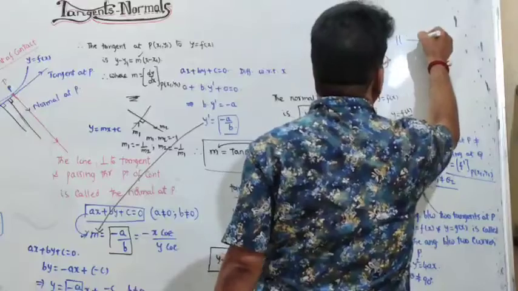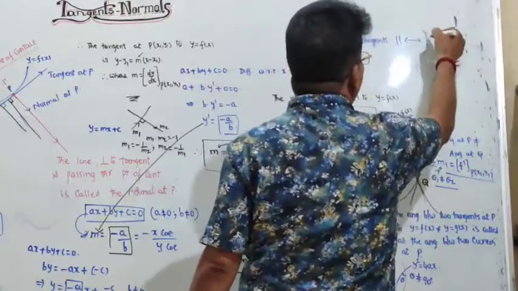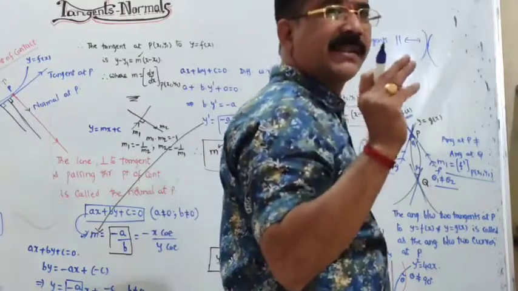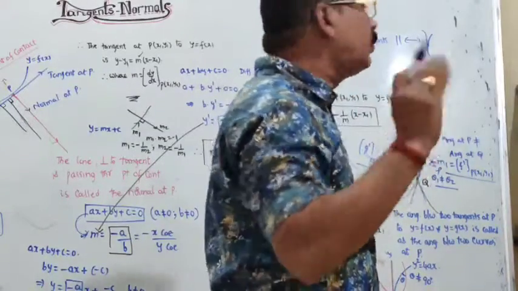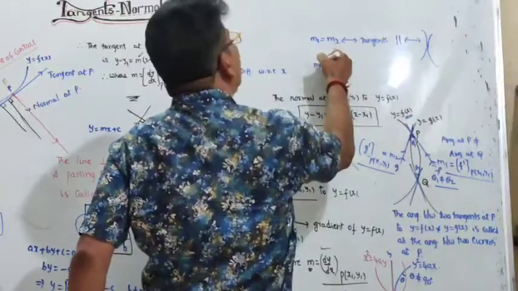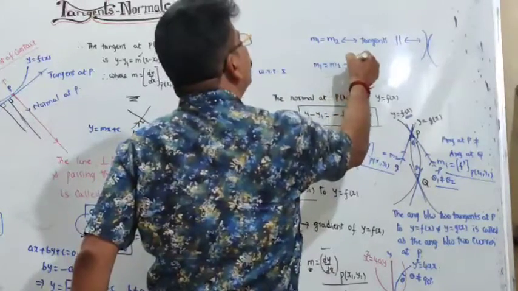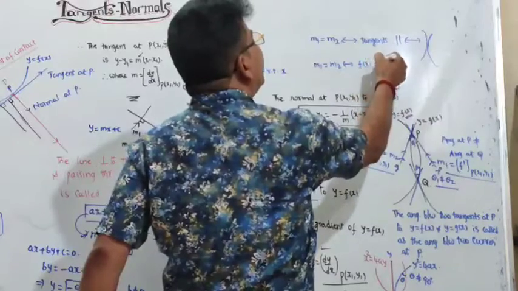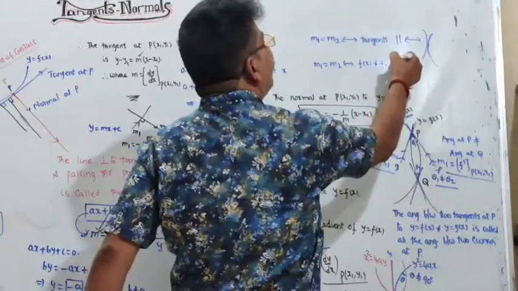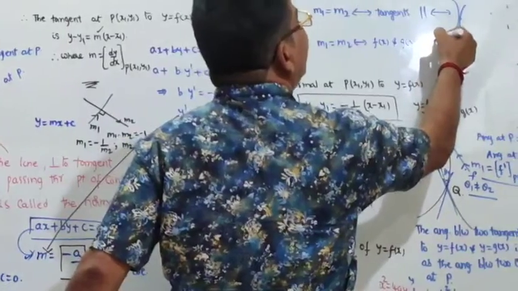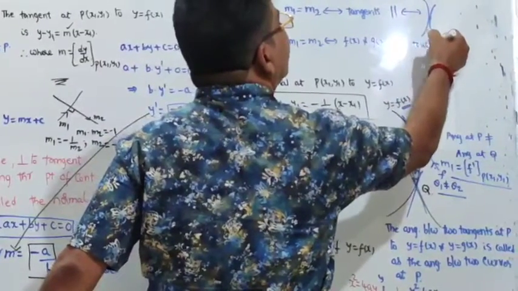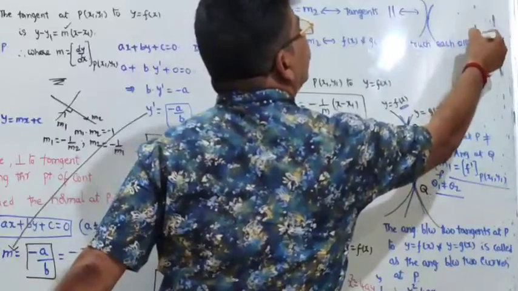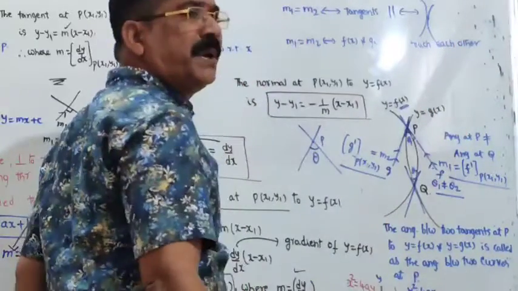In such a case, the two curves will touch externally. So m1 equal to m2 implies y equal to f of x and y equal to g of x will touch each other externally. It is to be understood.